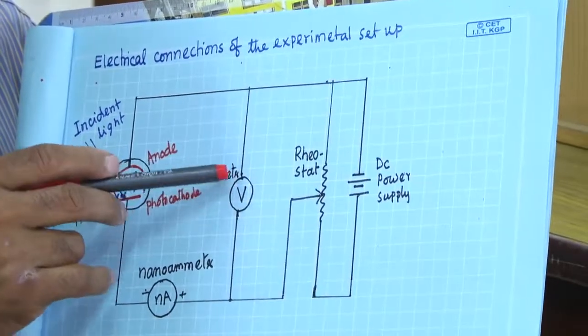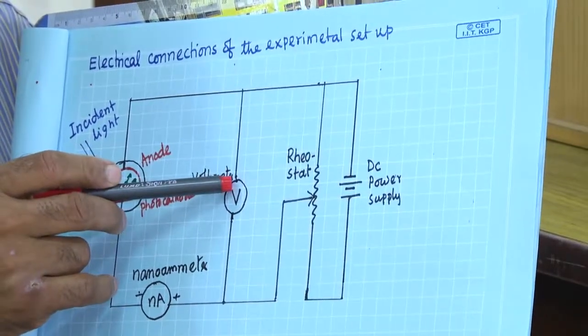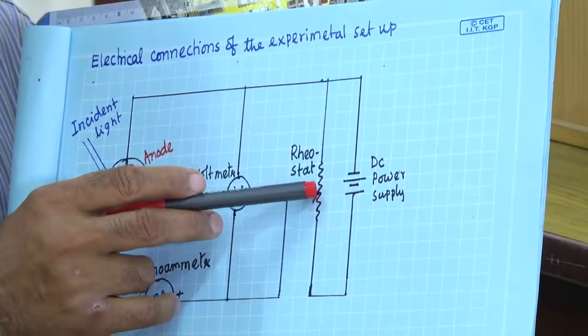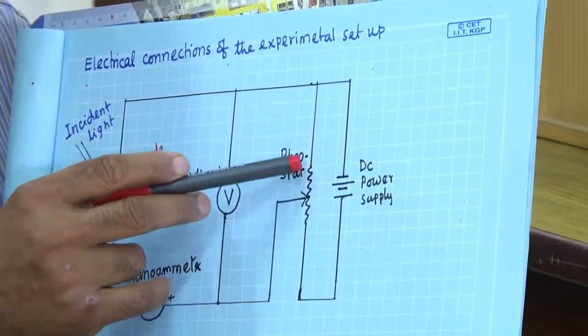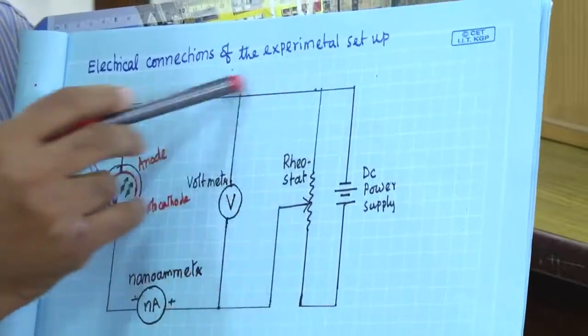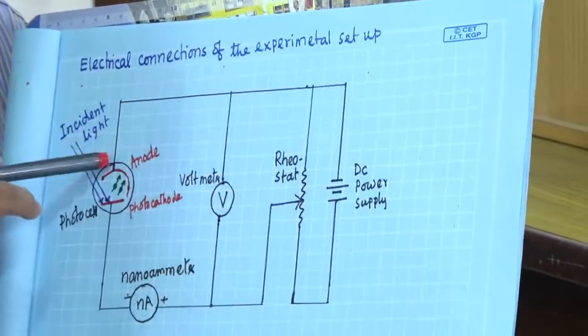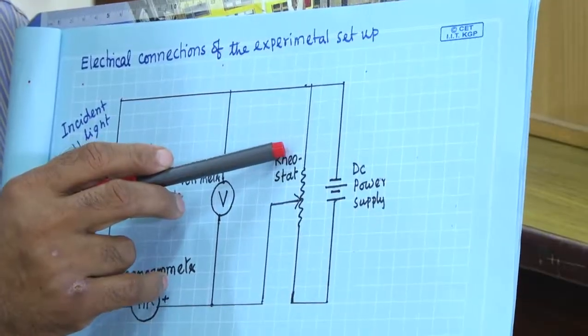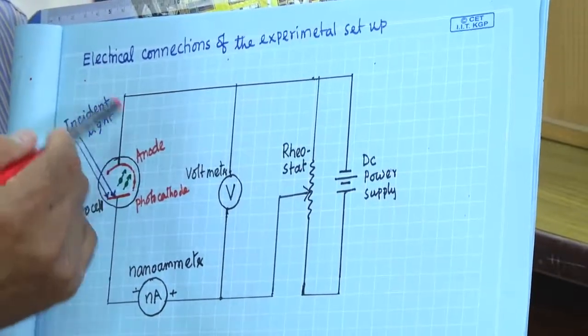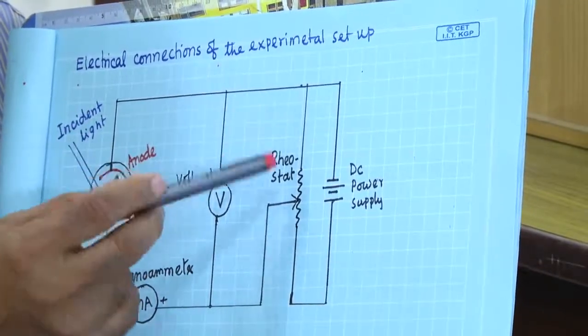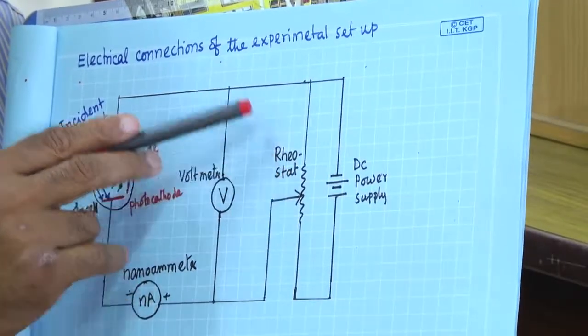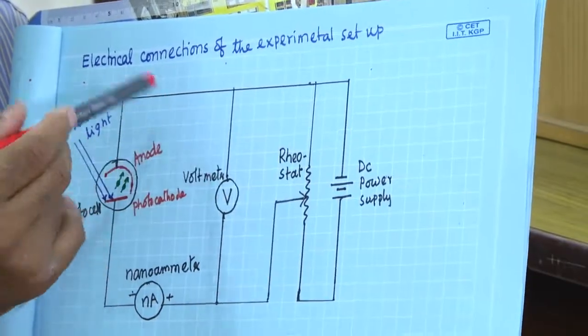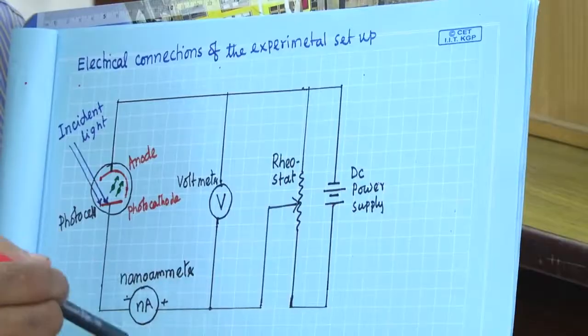Now, we will increase the negative voltage. Okay, negative, it is attached with the anode. We will change this voltage, and we will note down this current.